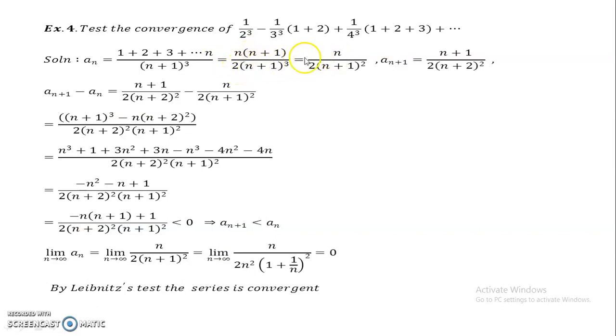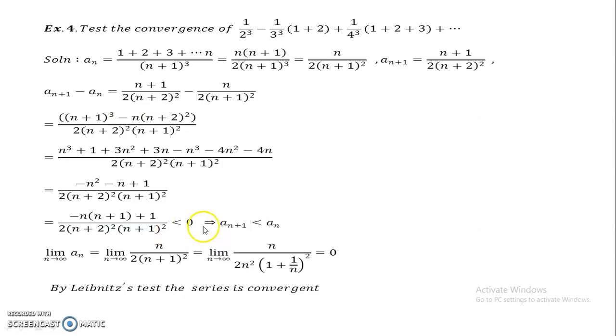So obviously n plus 1 gets cancelled, leaving n plus 1 whole square. If you replace n by n plus 1 in a_n, we have a_(n+1). Taking the difference a_(n+1) minus a_n and simplifying all the terms, we finally arrive at less than 0, because keep in mind that the power in the denominator is increasing.